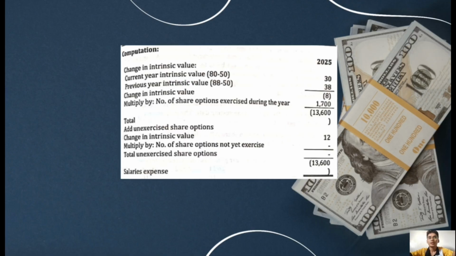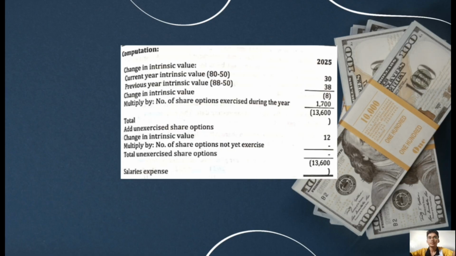Effect on exercised share options: the number of share options exercised in 2025 is 1,700, and the change in intrinsic value is 8. The total impact of 1,700 multiplied by 8 equals 13,600. This creates a reduction in salary expense, a gain of 13,600.